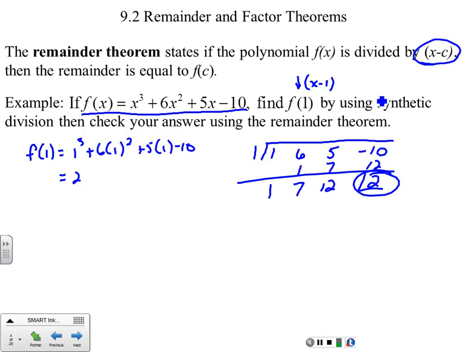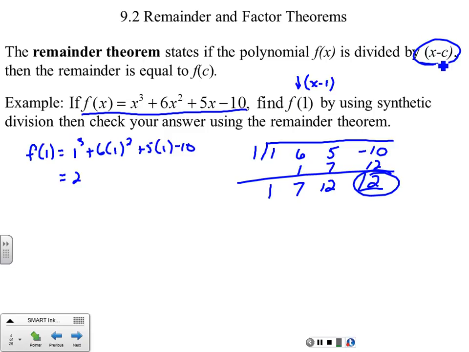If I give you the number to use in synthetic division, don't take the opposite. But if I give you a binomial, you have to take the opposite. And the reason is because of the formula. There's that minus sign. Okay?